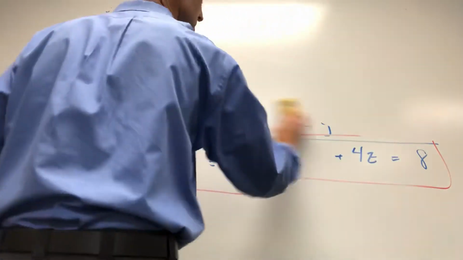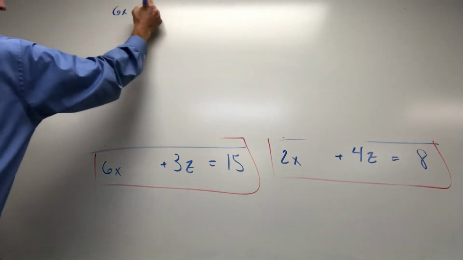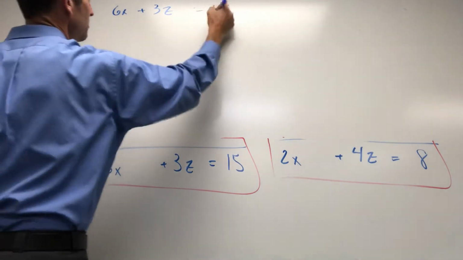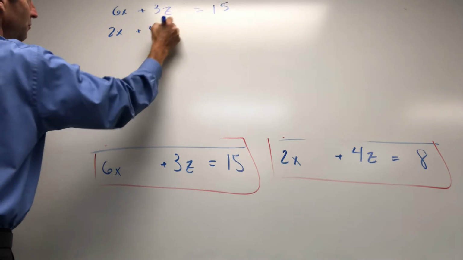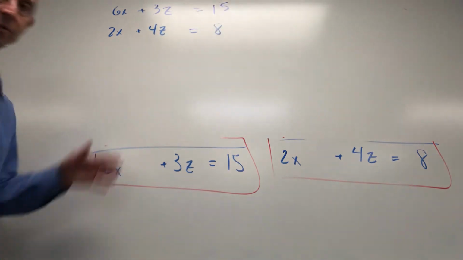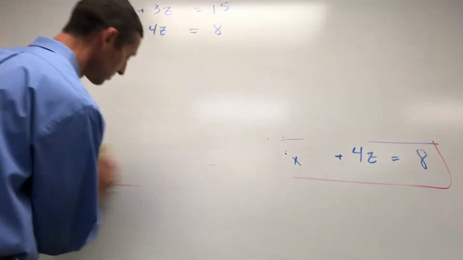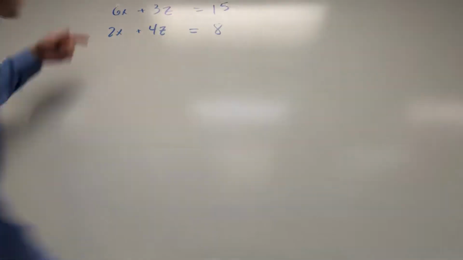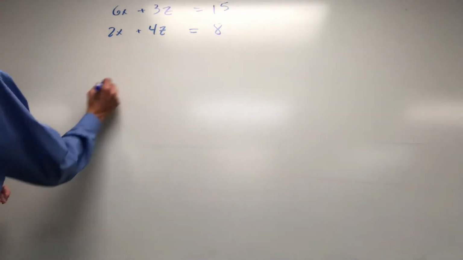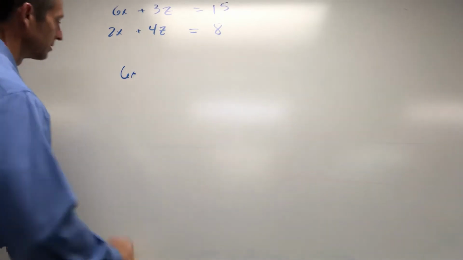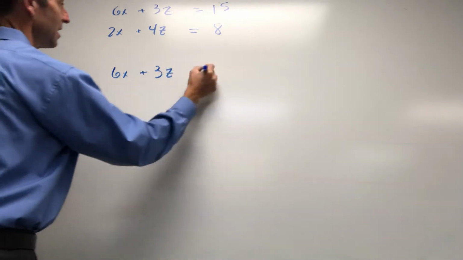Let's get all this other stuff out of the way. So here we go. I've got 6x plus 3z equals 15. I have 2x plus 4z equals 8. Now it's just elimination like you've done already with 2 variables. We want to get our x's to eliminate, so we can go with positive 6, negative 6. Let's keep the top equation the same.